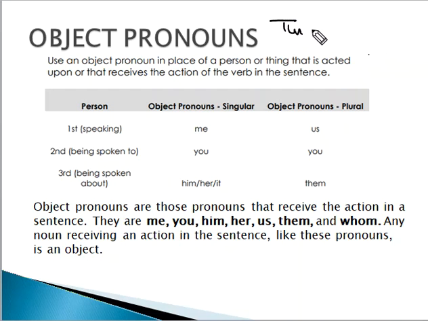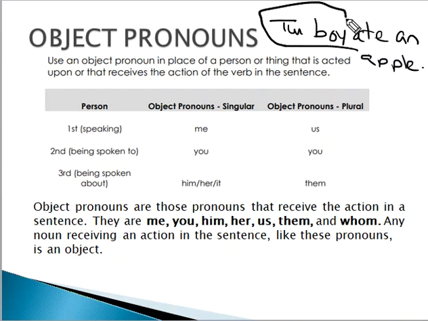The boy ate an apple. The boy is the doer. He's the subject. Ate is the verb.